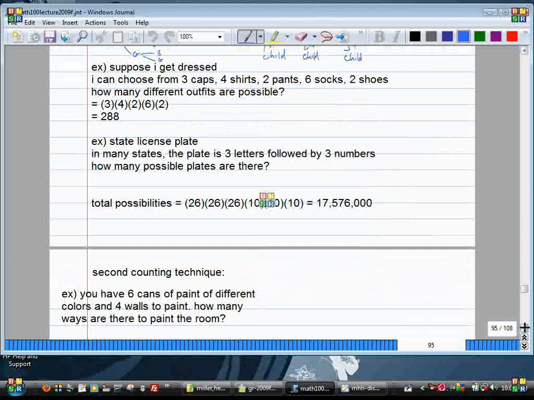Okay, so suppose you have 6 cans of paint of different colors and 4 walls to paint. How many ways are there to paint the room? Okay, and how'd you get 24? 4 walls times 6 cans. Okay. Does this cover every possibility?